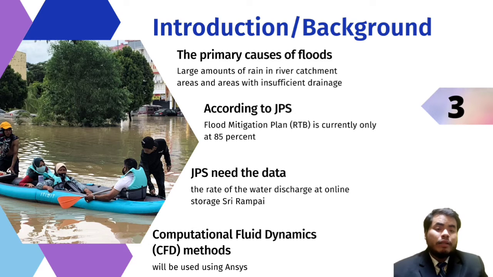With that, Jabatan Pengairan dan Saliran needs the data of the rate of water discharge at the online storage Sri Rampai. For this project, we will be using the computational fluid dynamic (CFD) methods, and we will be using the ANSYS software.